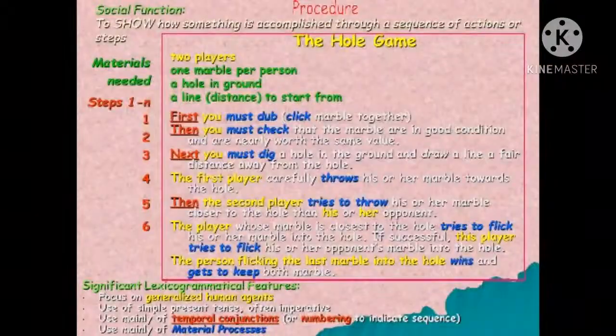So there are temporal conjunctions. For the blue color, it must be material process, like must dump, click the material, right? Must dump, click, must check, must dig, throw, and others. It must be material process.